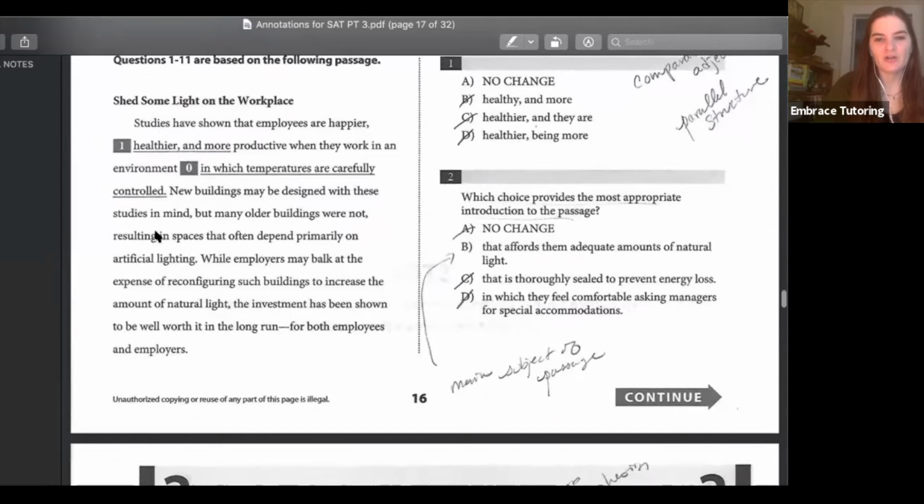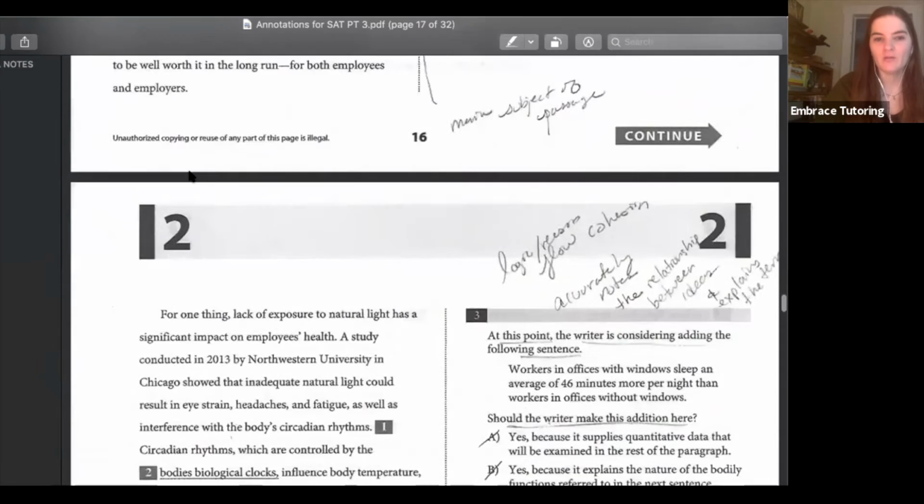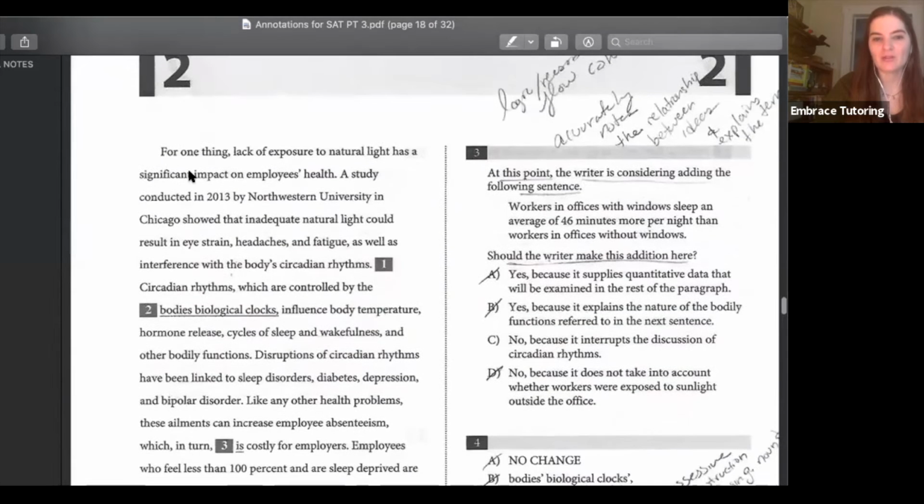So an introduction to the passage would be in the first paragraph. That would be your introduction to everything as a whole, which should be this first paragraph for this question. I think a lot of students get that confused because I don't know what the test makers were thinking in terms of putting a 0 here when it should most likely be a 2.